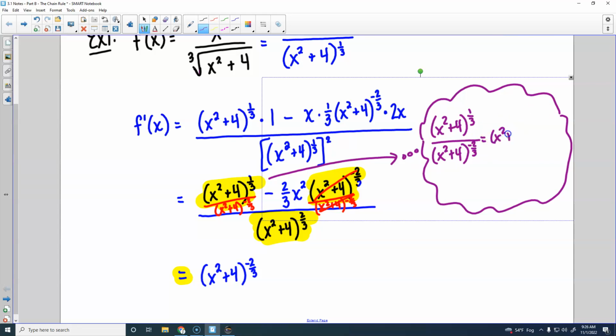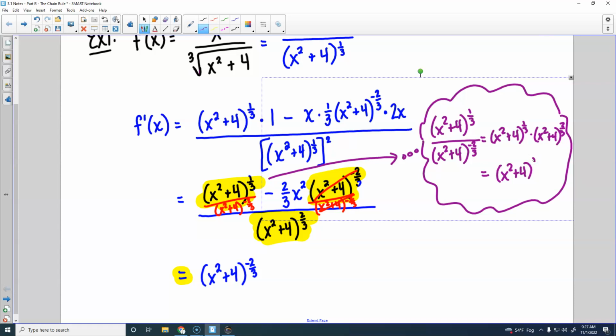That means you'll have x squared plus 4 to the 1/3 times x squared plus 4 to the 2/3. What's that going to give you? x squared plus 4 to the first power, right? Because the 1/3 plus 2/3, we're adding the exponents there. It's just going to be x squared plus 4.